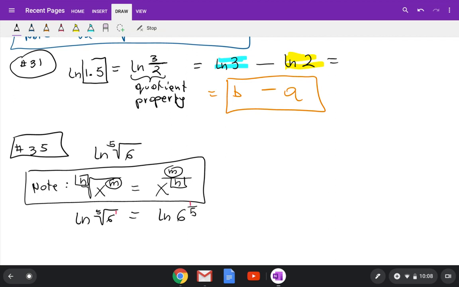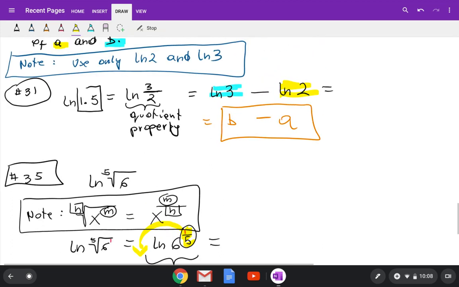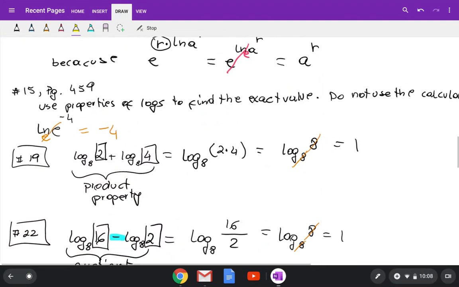Now we need to simplify that. So this is the power, so you're going to use the power property. When you have ln of an exponential expression, you move that power in front of the log. I'm going back to those properties.